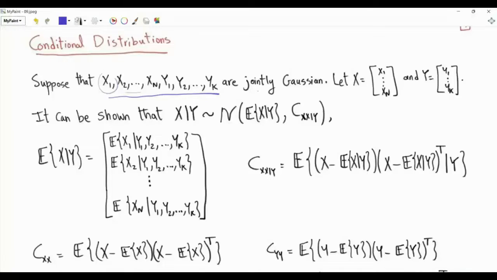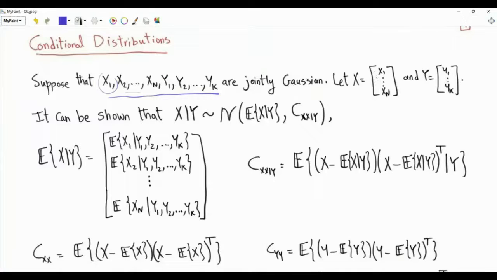It means that if we construct a linear combination, a weighted sum of those guys, no matter what the weights are, then the resulting scalar random variable will be Gaussian. So that's how we show that random variables are jointly Gaussian. And if we just know that each one of them is Gaussian, and moreover we know that they are independent, then this is a guarantee that they are jointly Gaussian.